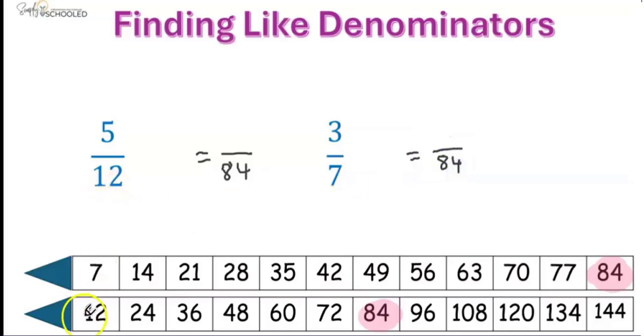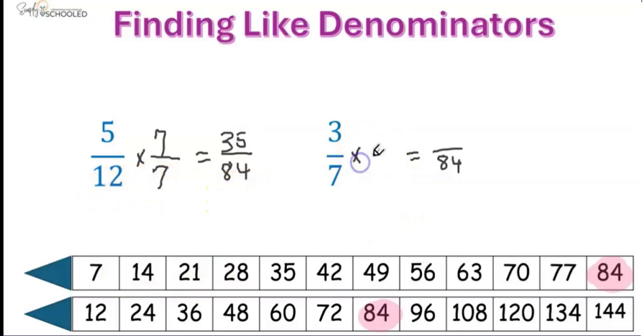For 12, I have to multiply it by 7 to get 84: 12, 24, 36, 48, 60, 72, 84. So we multiply the top number by 7. 7 times 5 is 35. Now, we already know that 12 times 7 is 84.